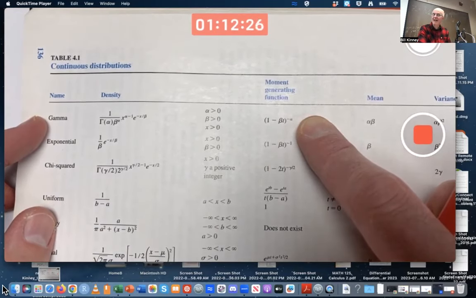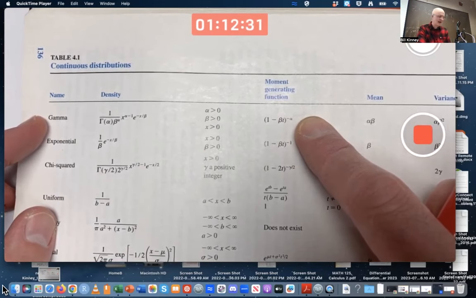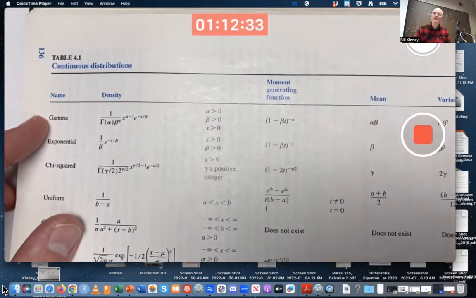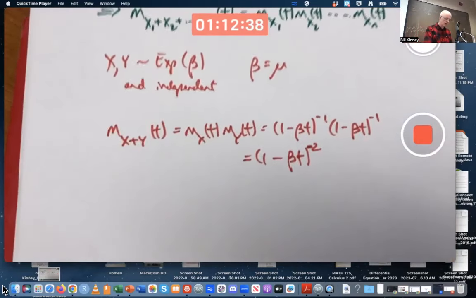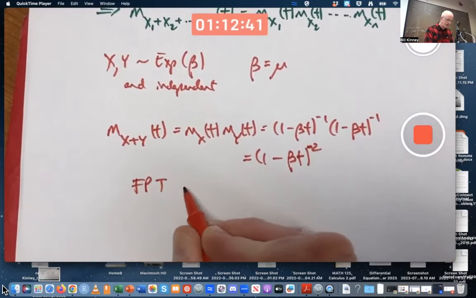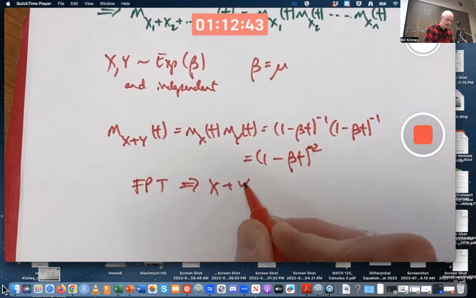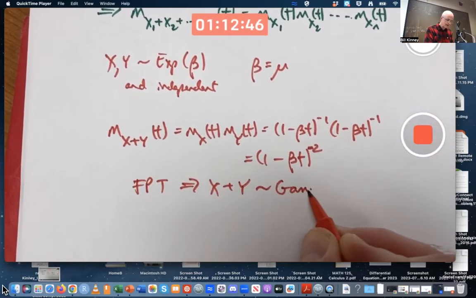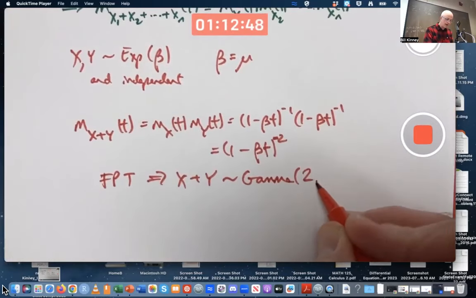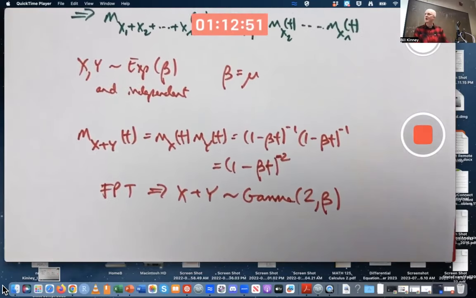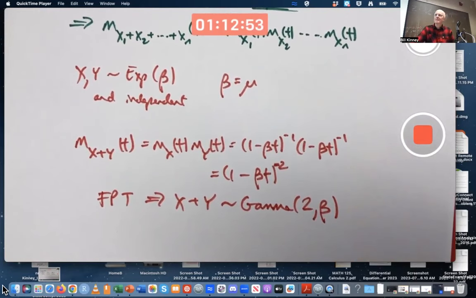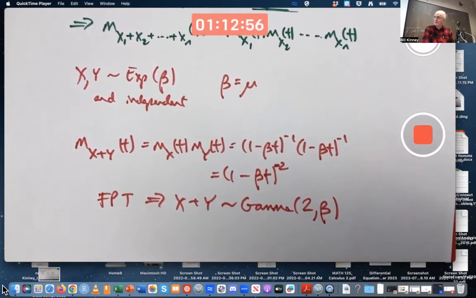X plus y therefore has a gamma distribution, alpha equal to 2, and beta is the same beta that we assumed at the start. That was something we derived with integrals a couple weeks ago. Yeah, it wasn't fun. This is much more fun, much easier.